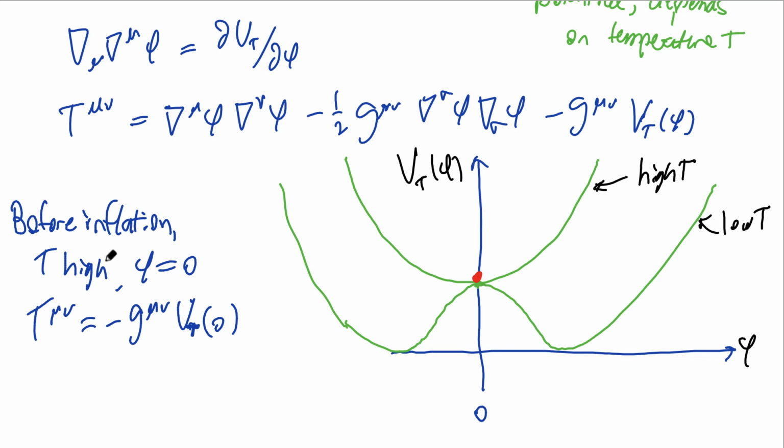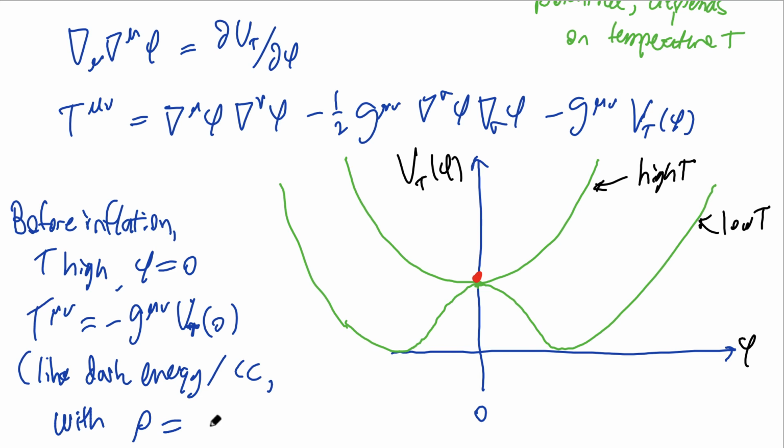So this is just like the stress energy momentum tensor for dark energy or cosmological constant, with energy density equal to minus V sub T at phi equals 0, which is a constant. So this is the solution before inflation, or perhaps we should say at the beginning of inflation.